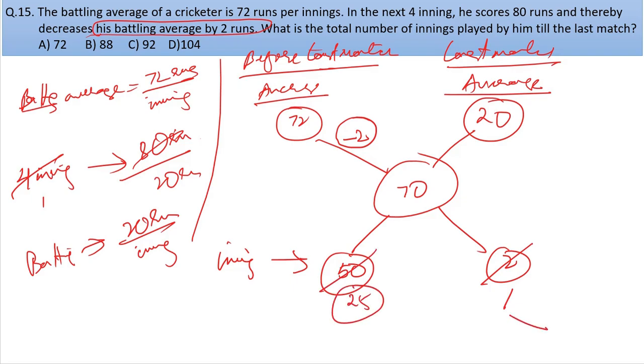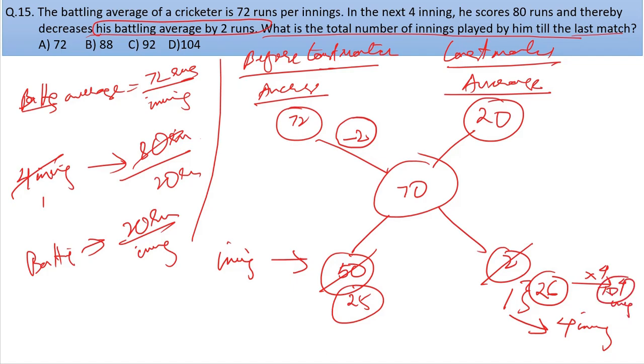We have 1 unit is 4 innings according to the question. That means what is the total number of innings played by him till the last match? Total is 26 here. 26 into 4. 4 6s are 24, 4 2s is 8, 9, 10. 104 innings. That is option D, the correct answer.